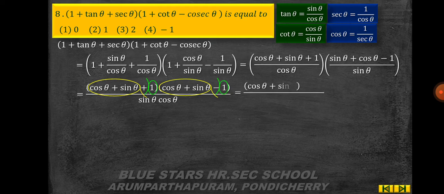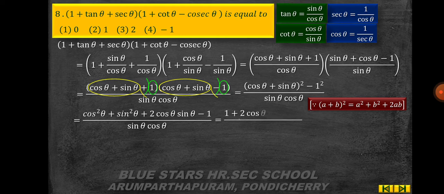So we are taking cos theta plus sin theta as your A and 1 as your B. So it is in the form of a plus b into a minus b. So we can use the formula a square minus b square. That is cos theta plus sin theta the whole square minus 1 square divided by sin theta into cos theta.